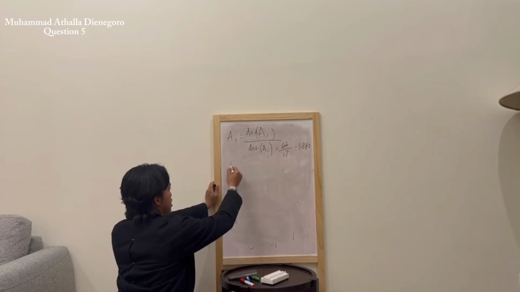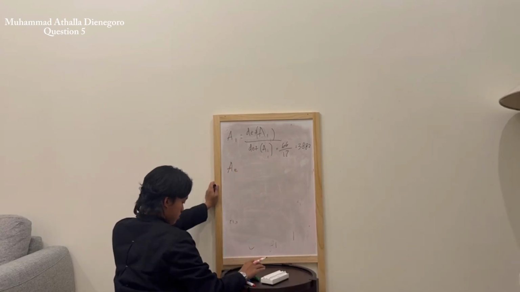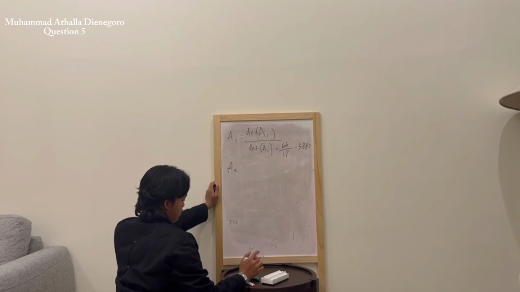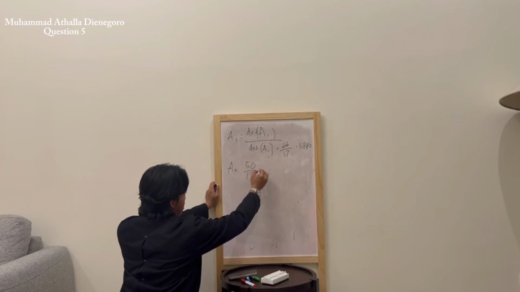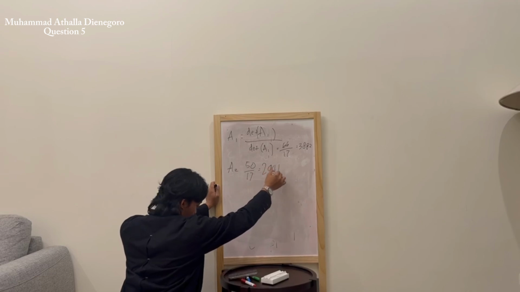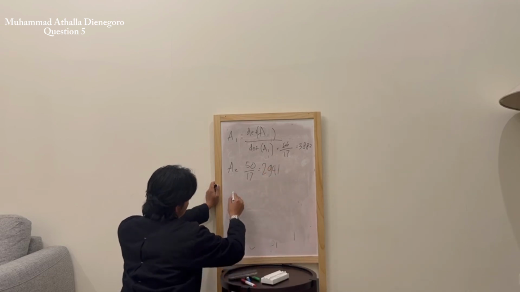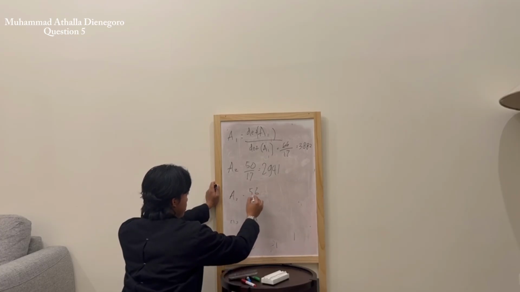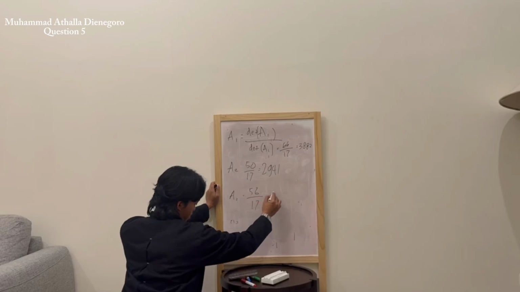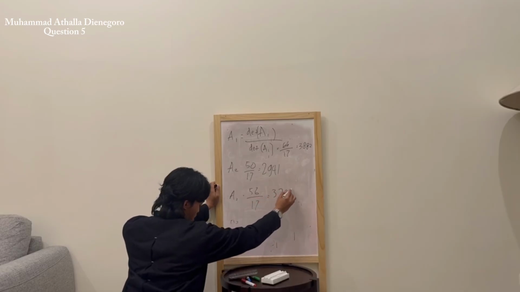We got this from the A1, and then we have the A2. We calculate with the same formula. So we got here 50 per 17, which equals 2.941. And then the A3, we got 56 per 17, which equals 3.294.